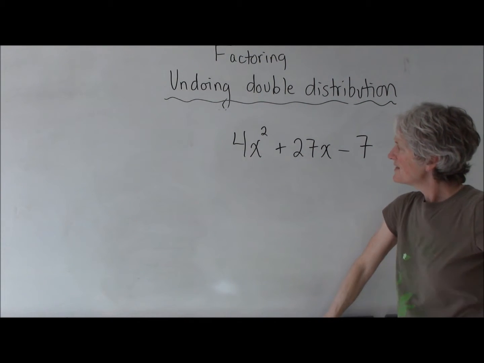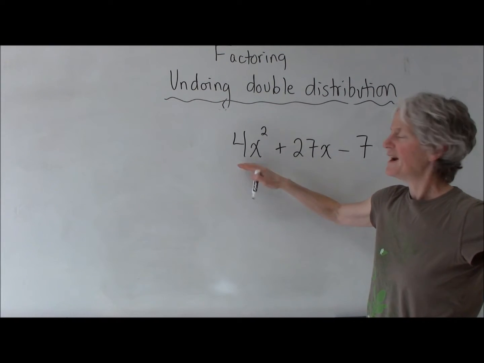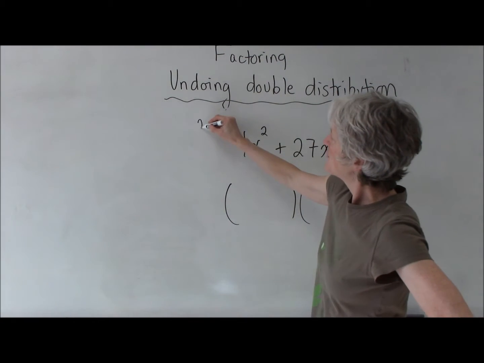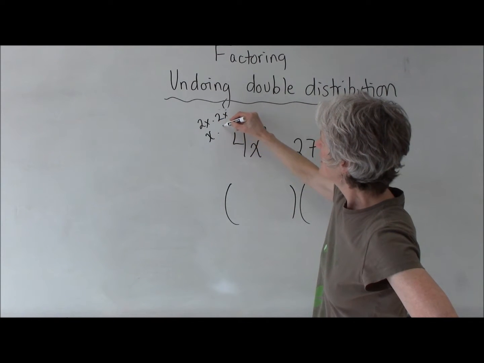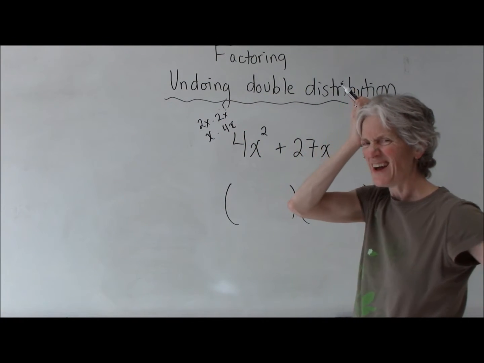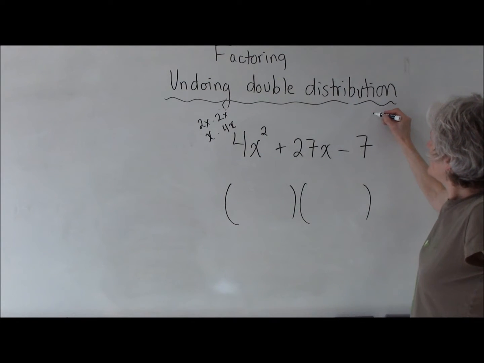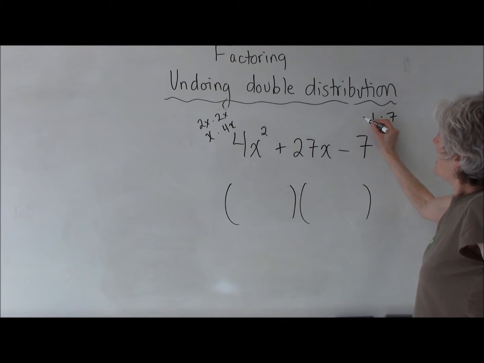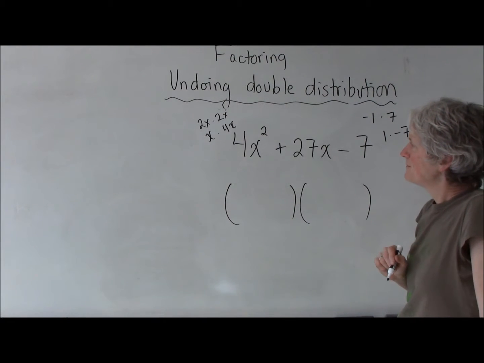Okay, so we look at this, and right away I'm thinking, ooh, 4x squared, that could either be a 2x times a 2x or a 1x times a 4x. Shucks, I'm going to have to try a few things. The 7, fortunately 7 is prime, but it's a negative, so it could either be a negative 1 and a positive 7 or a 1 and a negative 7.